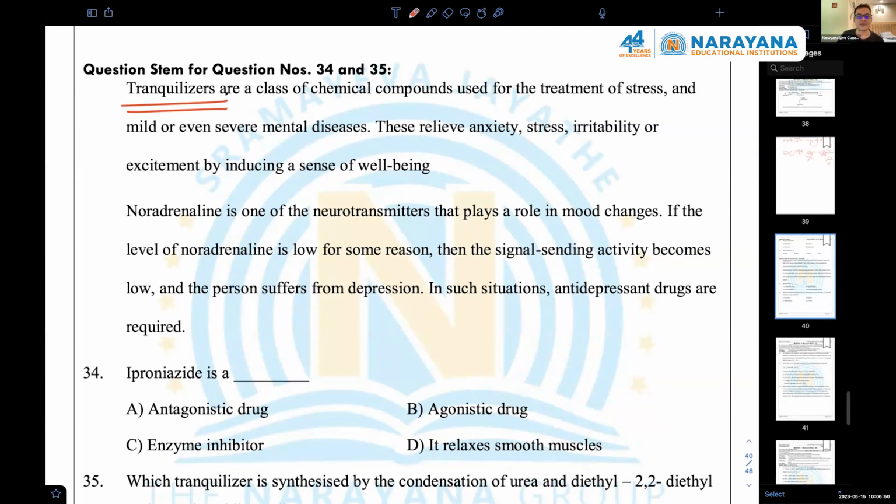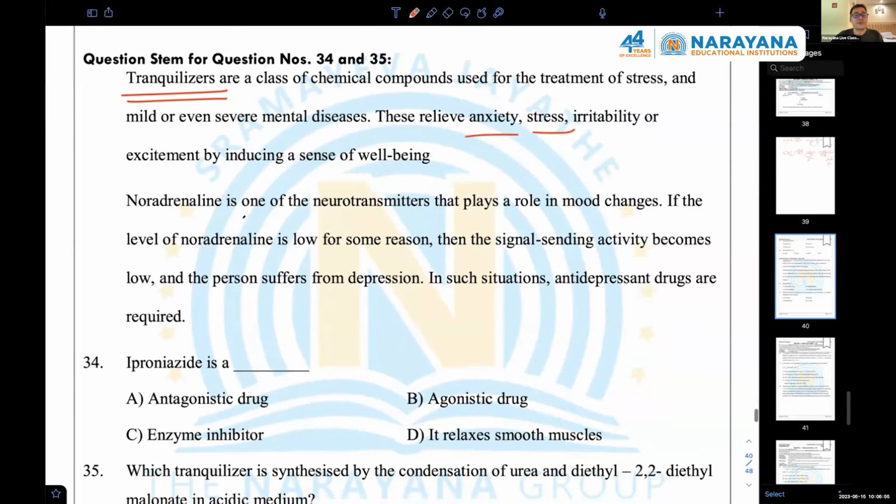In the body, noradrenaline is a neurotransmitter that gives a feeling of well-being or happiness. When noradrenaline is degraded by some enzymes, its level goes down, and people feel depression, negativity, anxiety, stress.